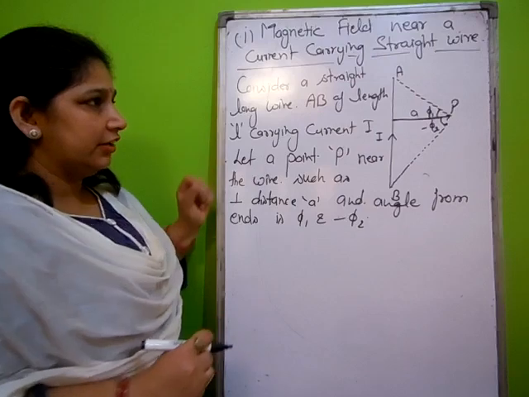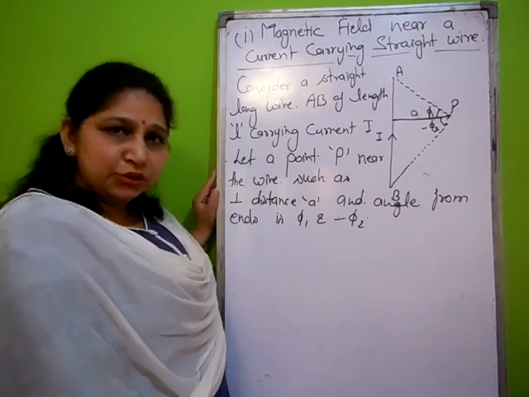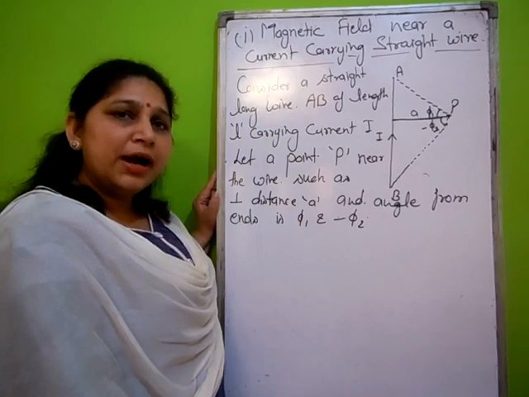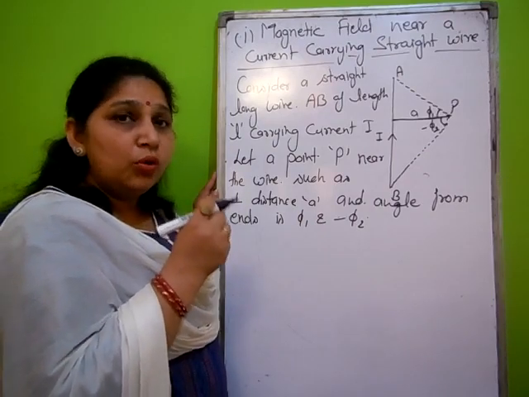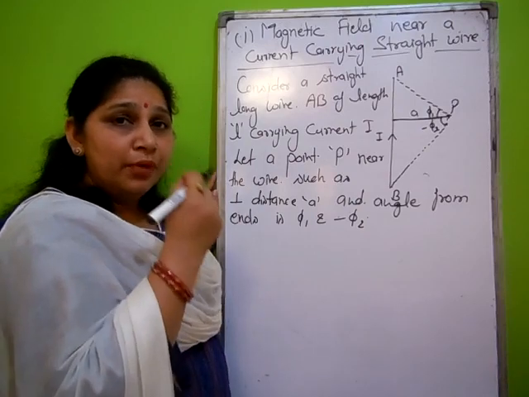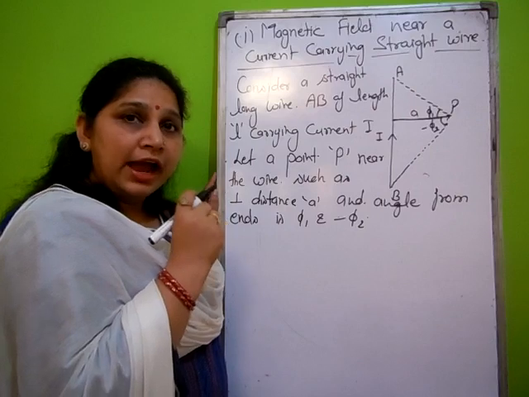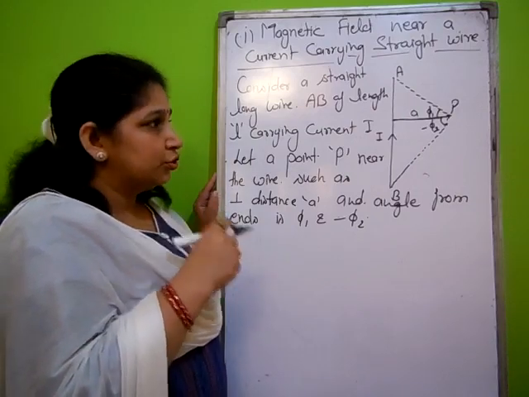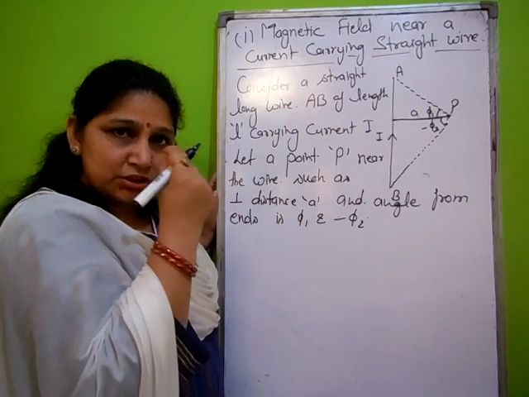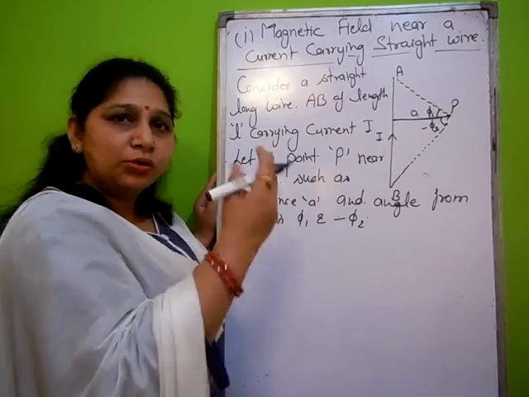Now to find the magnetic field, we have the Biot-Savart law, and the Biot-Savart law gives the magnetic field due to a current element, meaning a narrow length of conductor having current. So we will break it into small current elements and then integrate throughout the length.